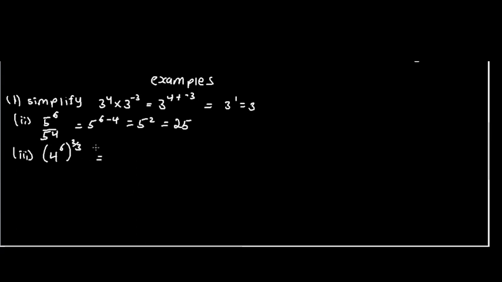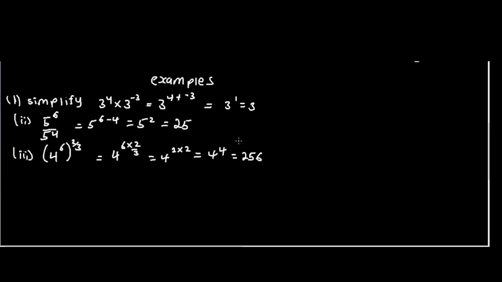This is going to be from the third rule that we stated. It is the same as 4 to the power 6 times 2 over 3. The 3 can reduce the 6 to a 2, and we shall have 2 times 2, giving us 4 to the power 4, which when simplified is equivalent to 256.